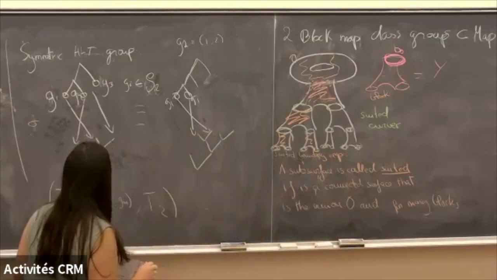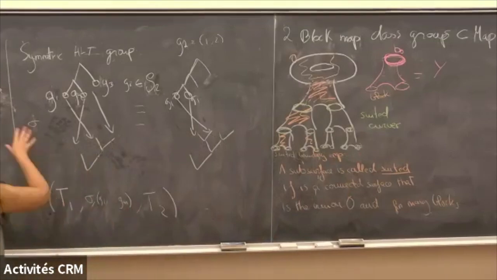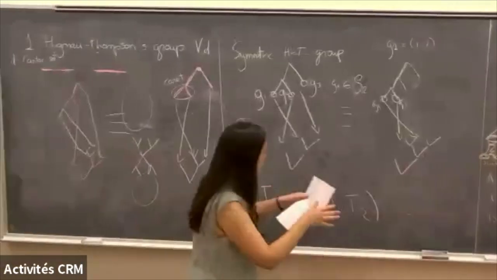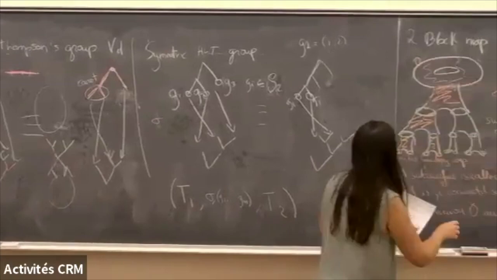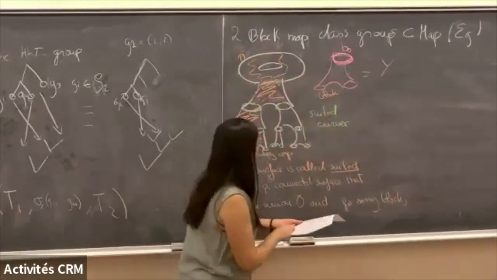Very good. Now I need an equivalent of these bijections I'm doing here, right? So my bijections here will be homeomorphisms of this super infinite tree.